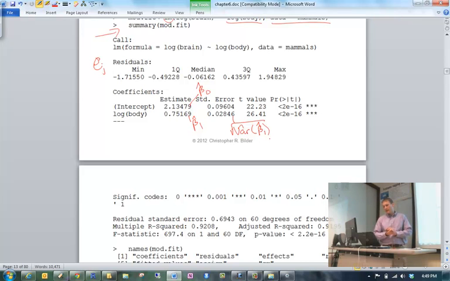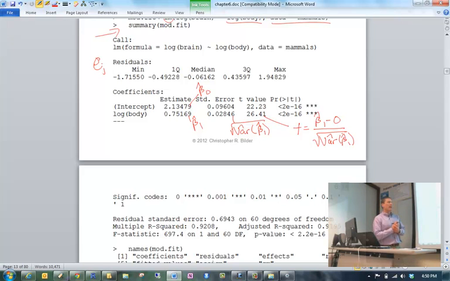So 0.02846 is the square root of the estimated variance of beta hat 1. My t-value is, as you would expect, a t-test statistic to test whether or not that beta is equal to 0 or not. And then we have the corresponding p-value for a two-tailed test.